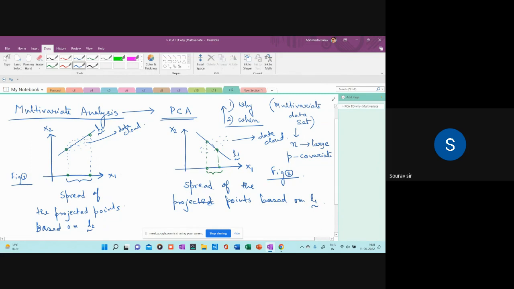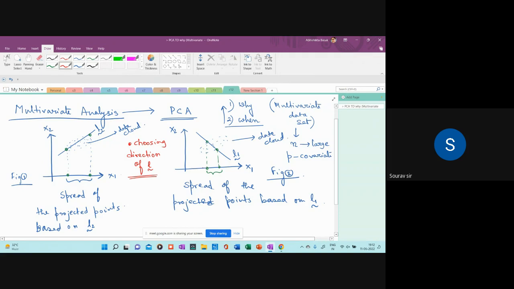So that's why this PCA involves the problem of choosing the direction of L curl as well. So one of the major problems here is choosing the direction of L curl. You all know what L curl is in PCA. I'm going to discuss the formula, but this is the problem, the direction of L curl.